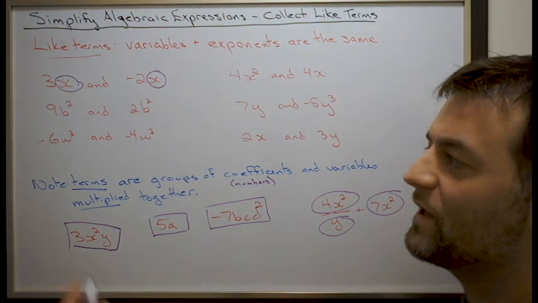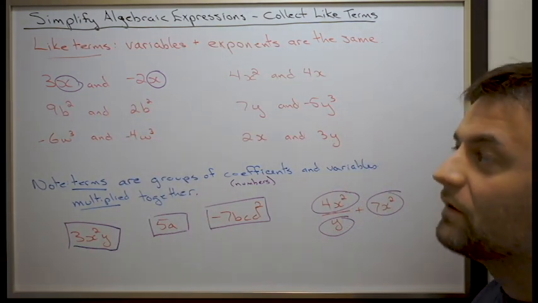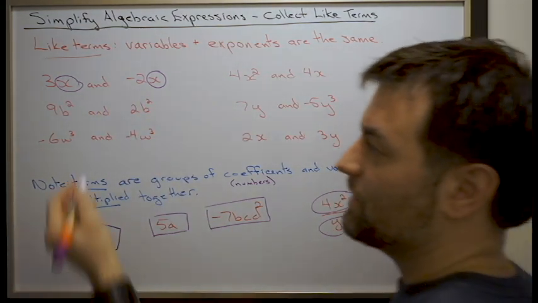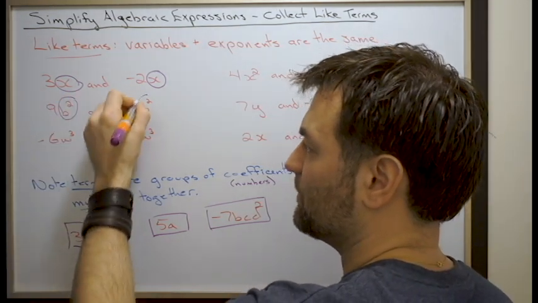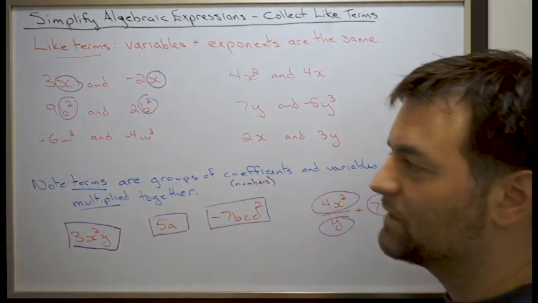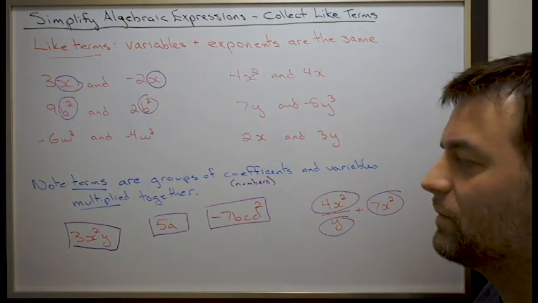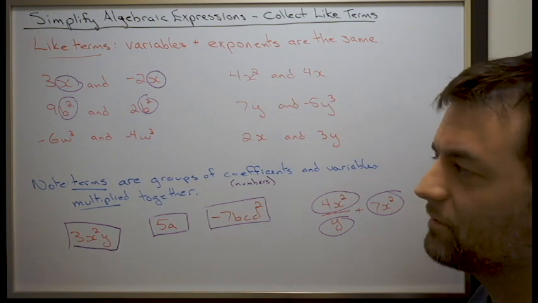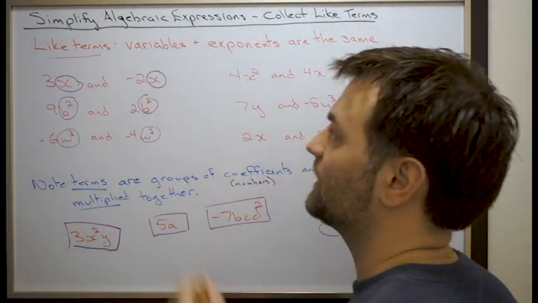In the next one here, we have 9b squared and 2b squared. The variable portion, the b squared and the b squared, is the same variable, same exponent. So those are all good. And the last one, negative 6w cubed and negative 4w cubed. Since they're both w cubed, those are like terms.